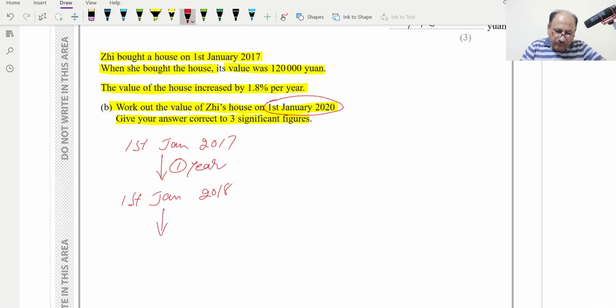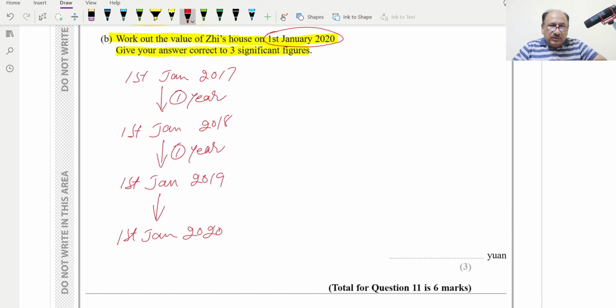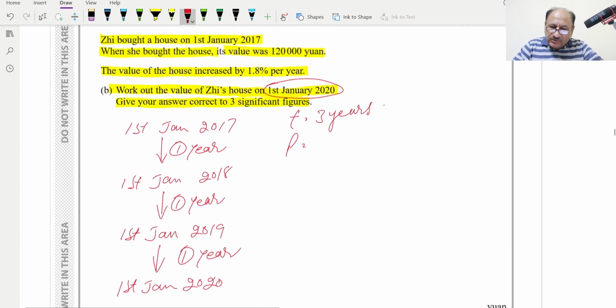So after a further year, on 1st Jan 2019, 1 year more will have passed, and from 1st Jan 2019 to 1st Jan 2020, one more year will have passed. So total T will be equal to 3 years, and the principal amount invested is 120,000.